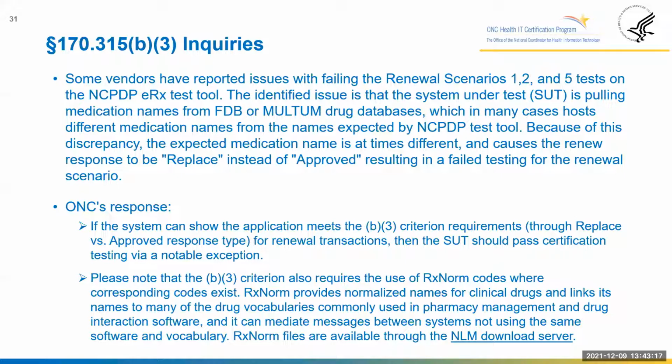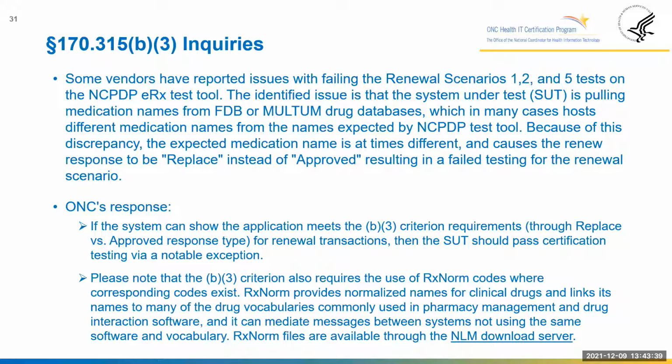So in this particular case, the request is for naloxone 125 mcg oral tablet, but in the SUT system's response, it is sending naloxone 125 mcg tablet with parentheses 0.125 mg, then parentheses.